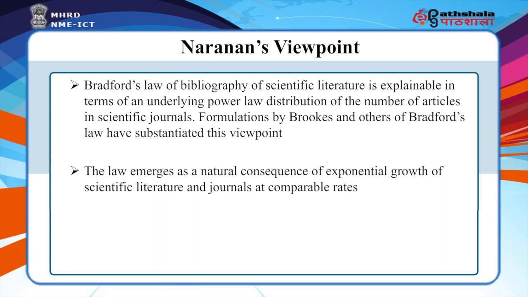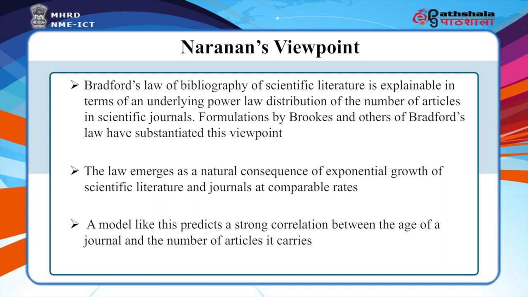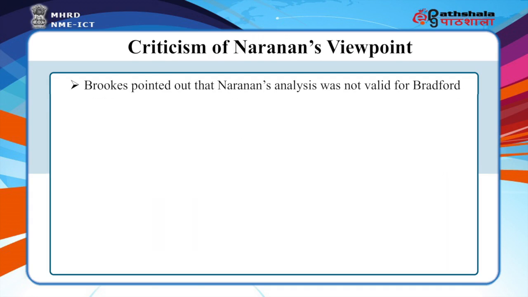And thirdly, a model like this predicts a strong correlation between the age of a journal and the number of articles it carries. The author was hopeful that the proposed mechanism might find wider application in many other fields of science. Brooks pointed out that Naranan's analysis was not valid for Bradford.